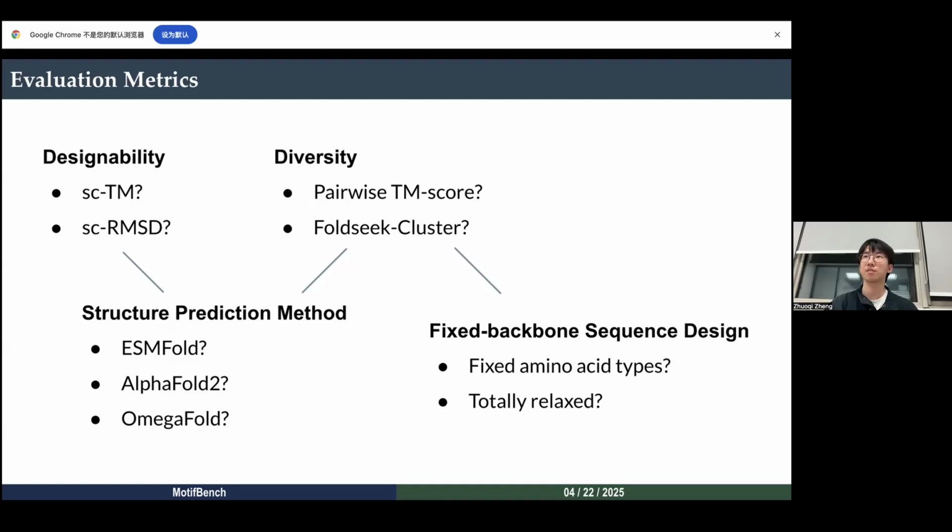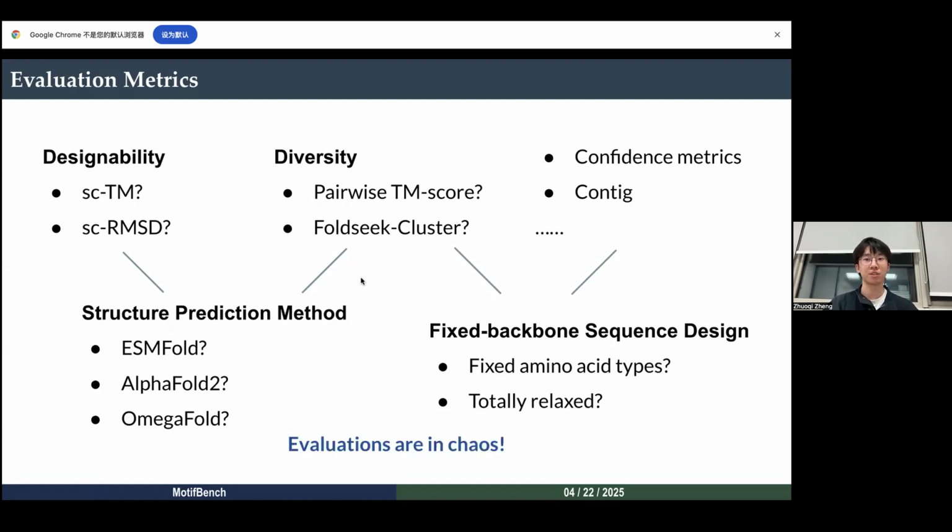So in this case, scientists are also trying to relax them. And also we have many other variables, such as whether to integrate the confidence metric in the structure prediction methods and whether to choose their threshold, and the contigs, which represent the placement of motifs. So given so many different metrics and evaluation pipelines, we have entered a chaotic state where it's hard for us to see whether each method could perform well on different motifs.